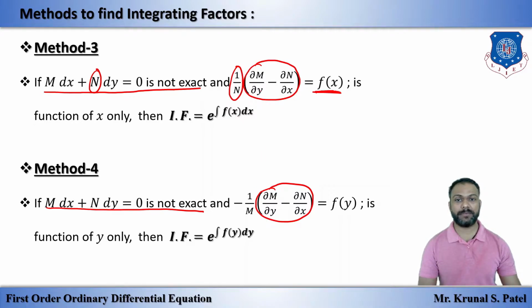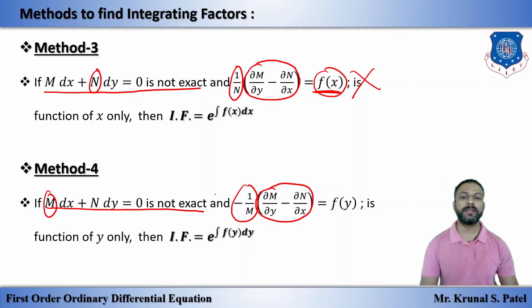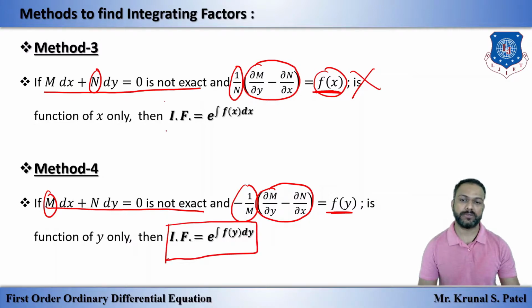And if we multiply with 1 by N and we get y also, then this is not possible, so we will multiply with minus 1 by M. And if we get a function of y only, then the integrating factor is e raised to integration f of y dy. So this is the difference only.